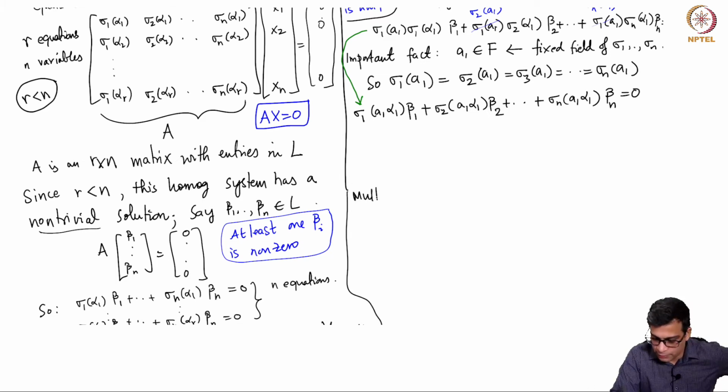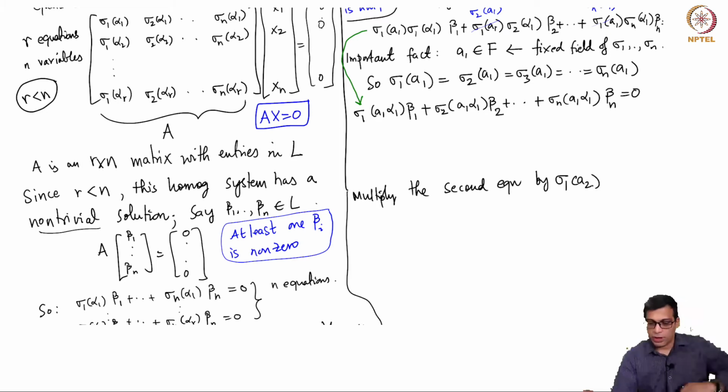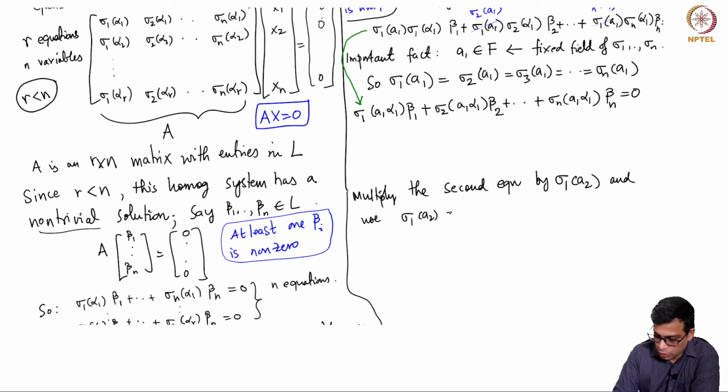So multiply the second equation by sigma 1 A2, and use the fact that sigma 1 A2 equals sigma 2 A2 equals all the way up to sigma n A2.